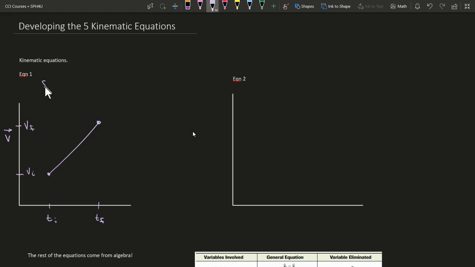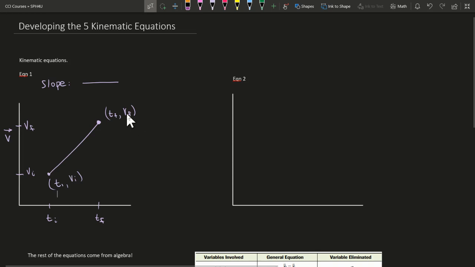And if I effectively just take the slope of this line, then this point has y coordinates of velocity final and x coordinates of time final. This point has velocity initial and time initial.